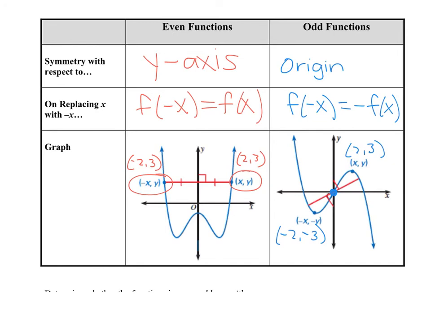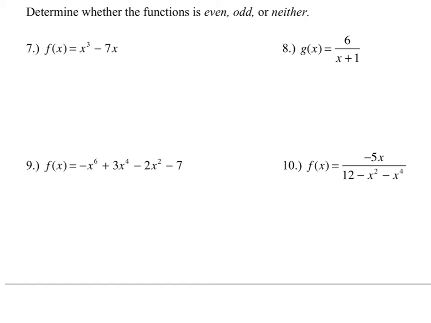You'd have to think about flipping all of your points over the origin to find their matching point. We use those properties that for even functions, negative x gives us the exact same output as regular x, and that for odd functions, negative x gives us the opposite output as positive x, to determine from an equation whether functions are even or odd. And if we just get a completely different output, then they are neither even or odd with regards to symmetry.